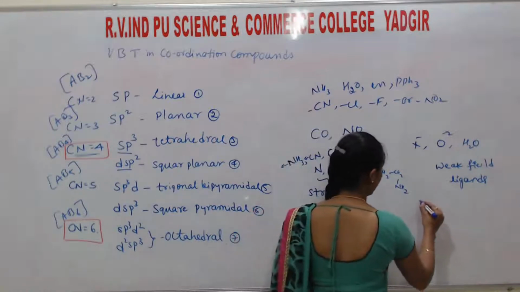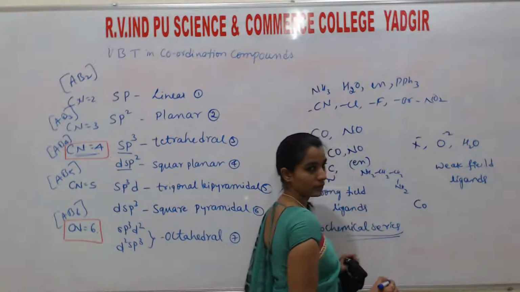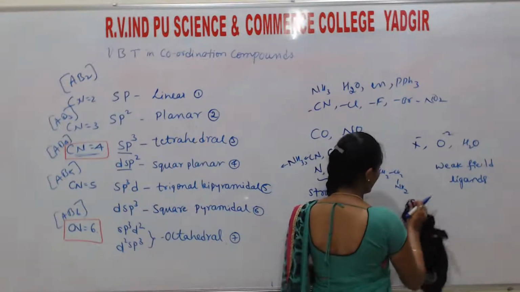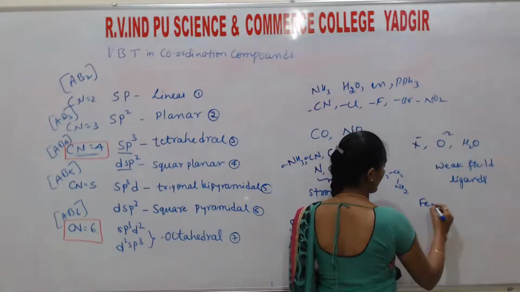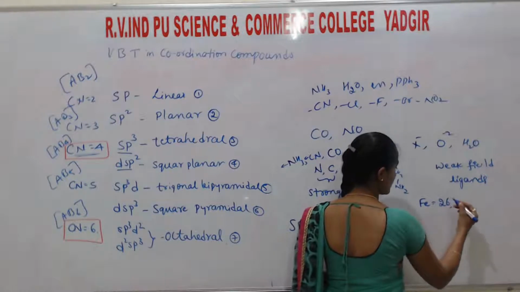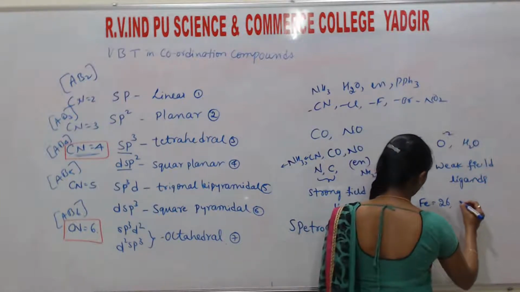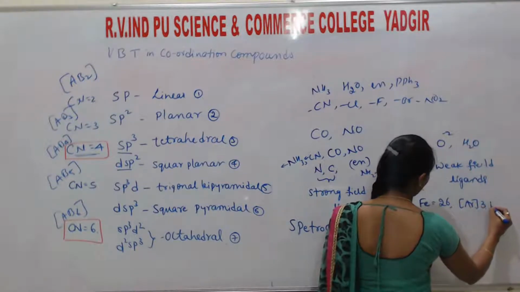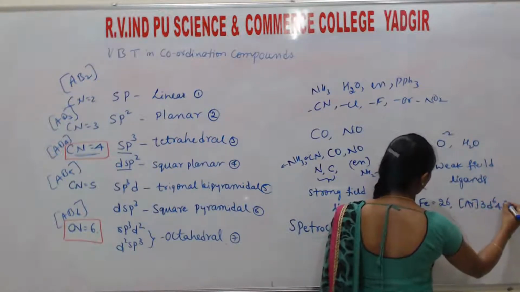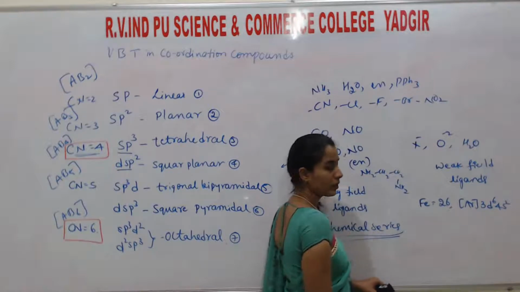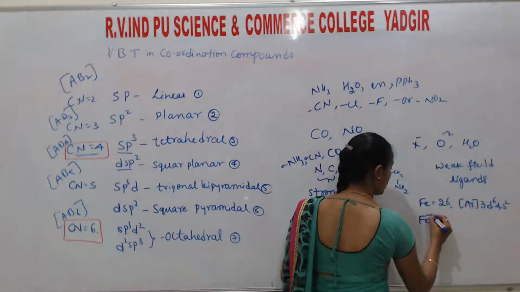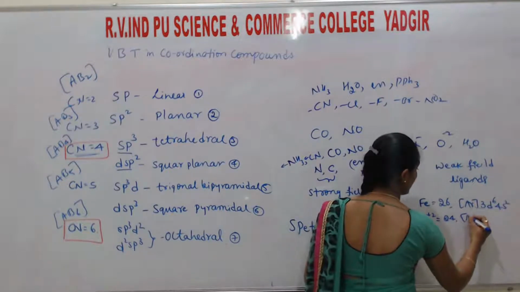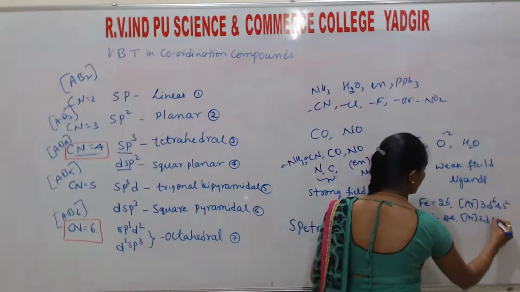For example, if we take cobalt, okay? So not cobalt, iron maybe. Iron atomic number is 26. Its electronic configuration is argon 3d6 4s2. Okay, so if you take Fe plus 2, there are 24 electrons, that becomes argon 3d6.